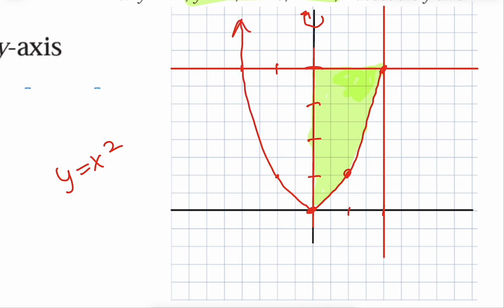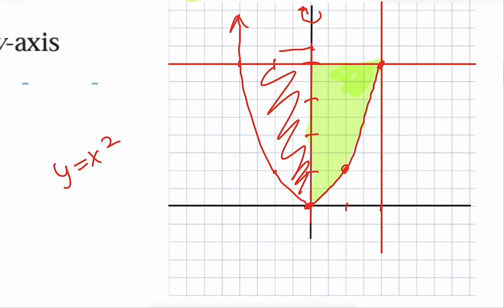So think about it, it would look kind of like the top of a wine glass or a champagne glass or something like that. And the radius, here's our radius, it hits the y equals x squared.